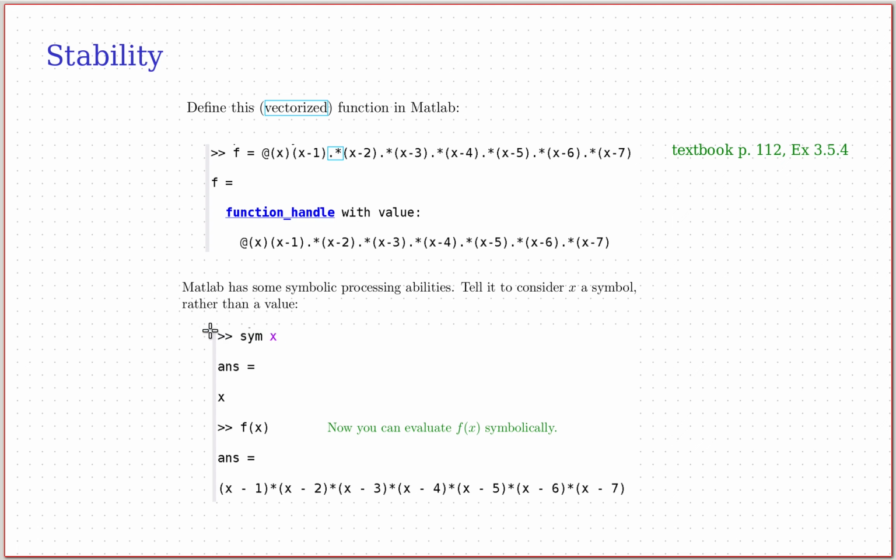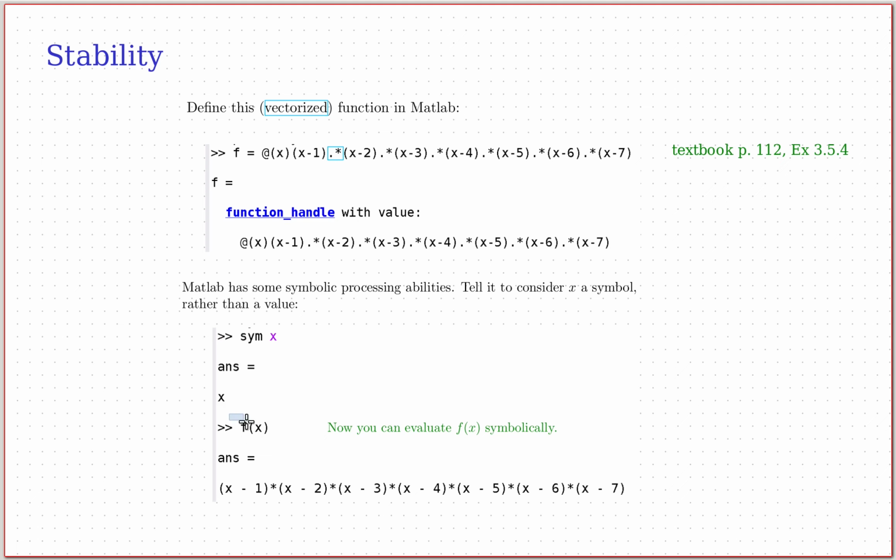Normally when MATLAB encounters a variable, it tries to find its value as it's defined locally and plug it into whatever expression it's looking at. But when you issue this command, syms x, you tell MATLAB to treat x as a symbol, and then it will not try to find a numerical value for it.